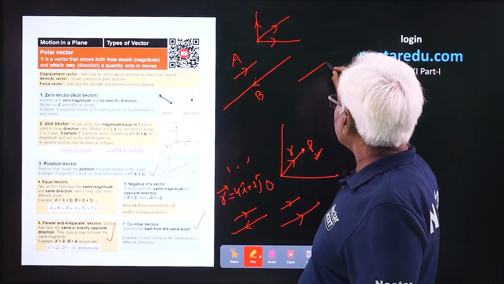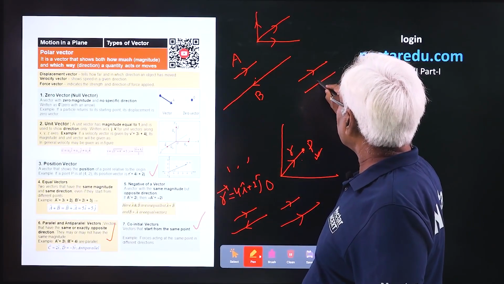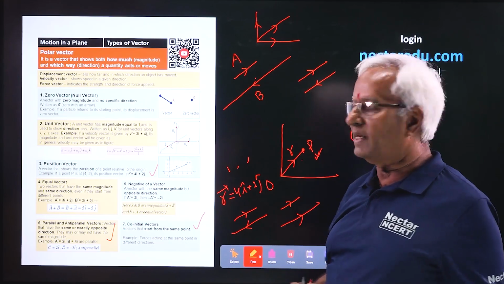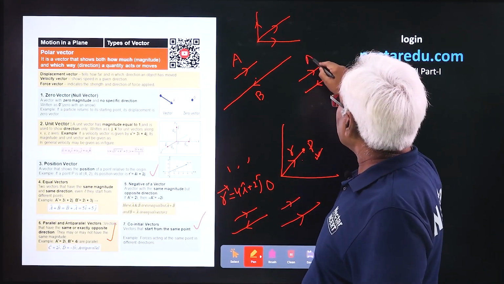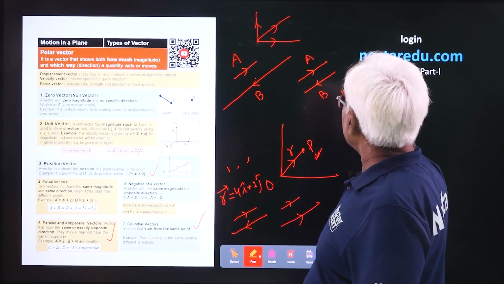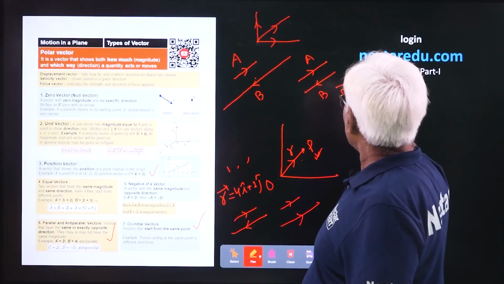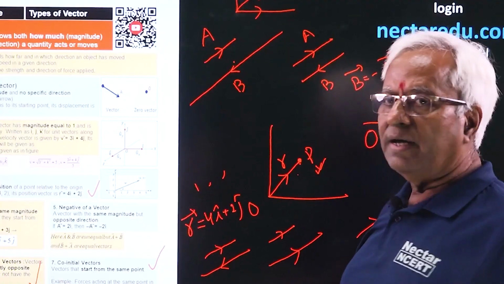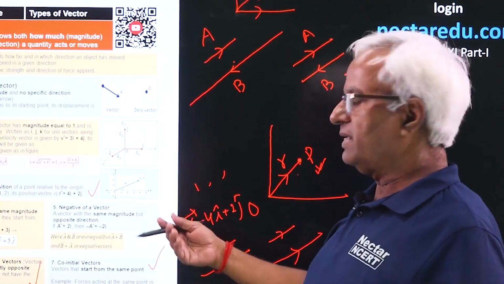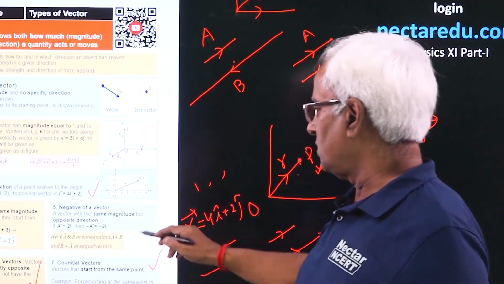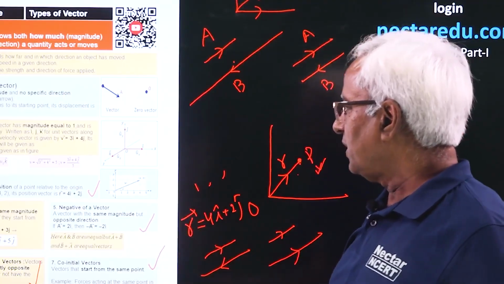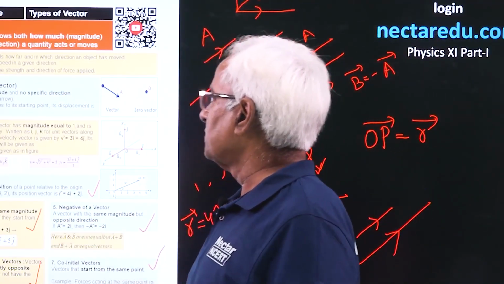But if you exactly get another vector of same magnitude and opposite direction, you would say that vector B here is negative of vector A. Negative means simply the direction has taken a U-turn. This is negative vector. Equal vectors, I told you, position vector.